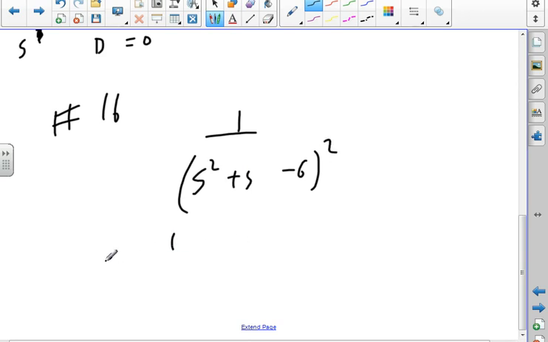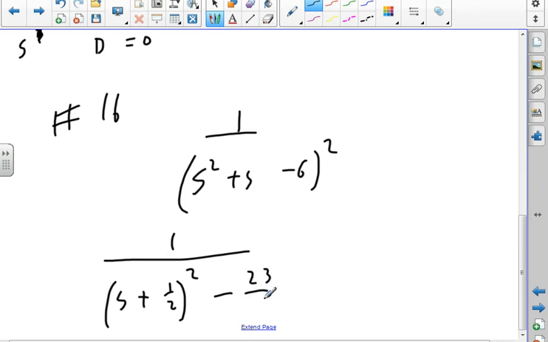I'm going to complete the square on this guy and call him (s plus a half) squared minus 24 fourths minus 23 fourths, squared.